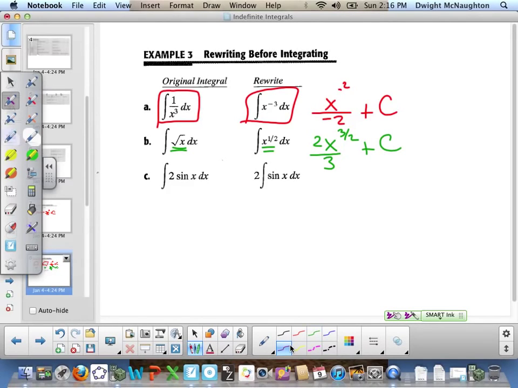And then for sine, if there's any multiple, we'll bring it out. Then what function has sine as its derivative? Well, negative cosine. Because remember, the derivative of a co-function is negative. Working that backwards, the antiderivative of a non-co function is negative.